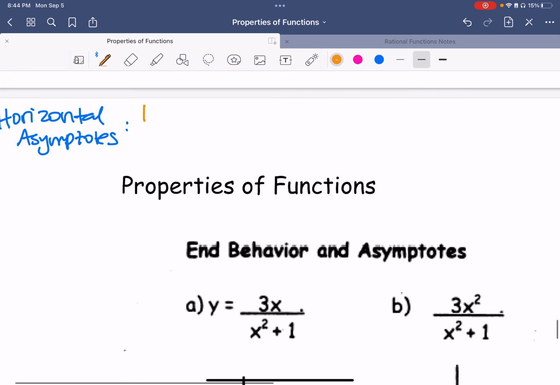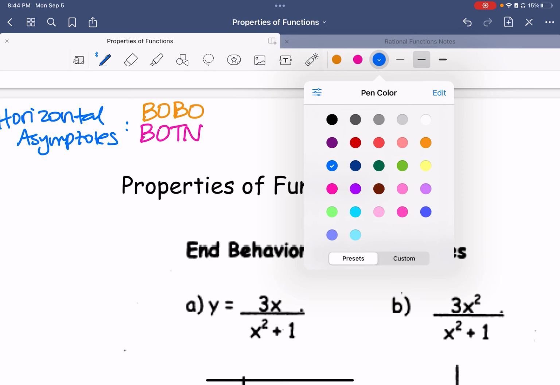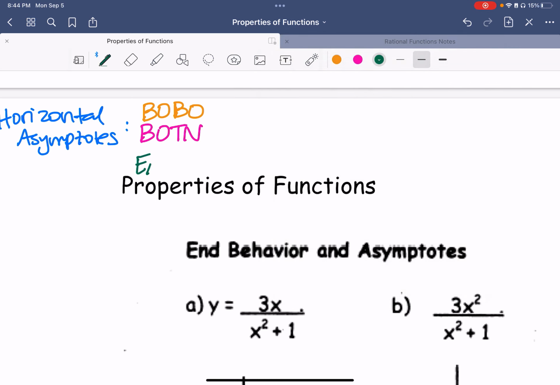Okay, so the acronyms are BOBO, BOTN, and EATS DC. BOBO stands for bigger on bottom, y equals 0. Bigger on bottom, 0.